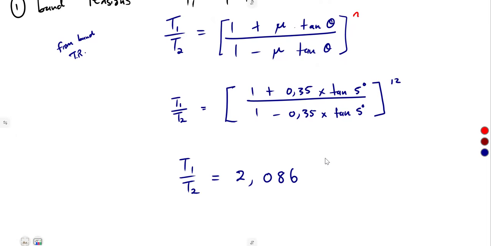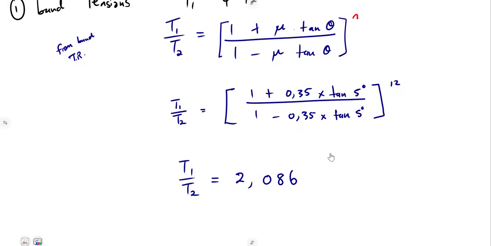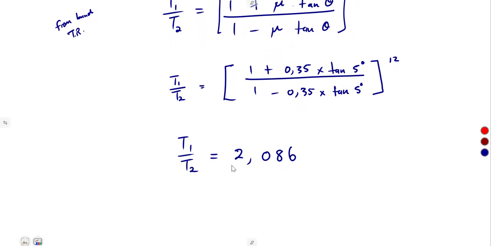But we are not asked to calculate that. What we need here, we can have a relationship between T1 and T2, a relationship. So how can we have that? Simply cross multiply. So since T1 is already on its own, so 1 times T1, thus T1 is equal to 2,086 times these two multiply each other.